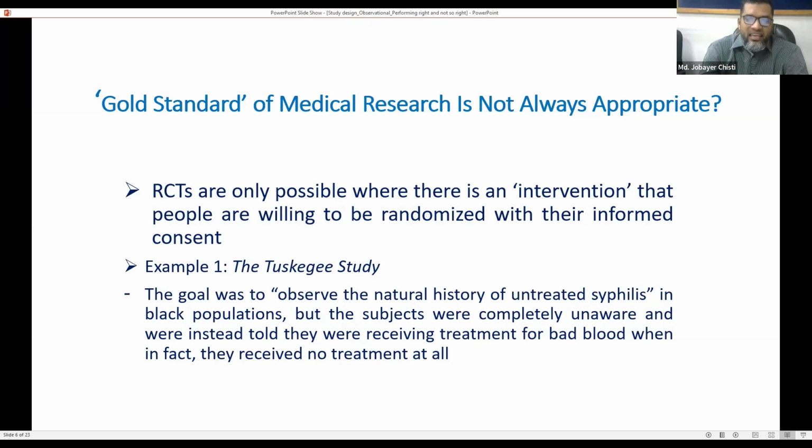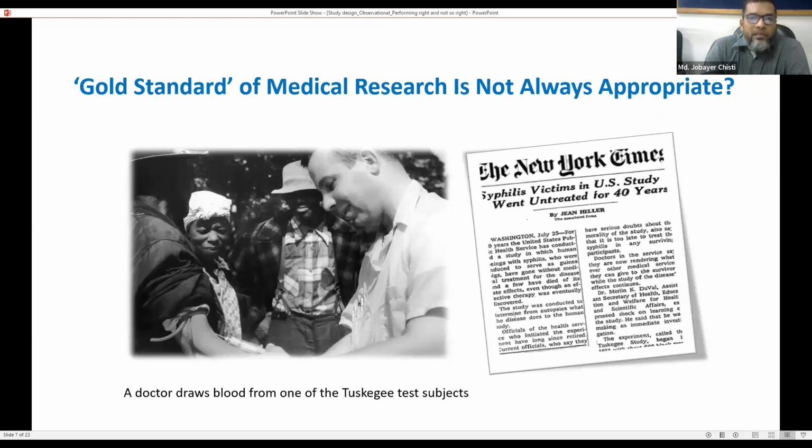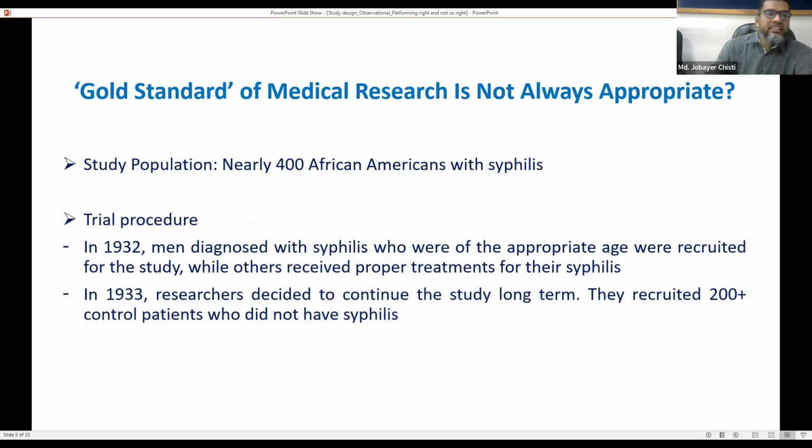However, in fact, they didn't receive any treatment at all. You can see a doctor drawing blood from one of the Tuskegee test subjects. In that trial, the study population were nearly 400 African Americans with syphilis.